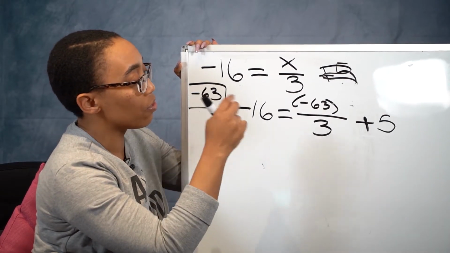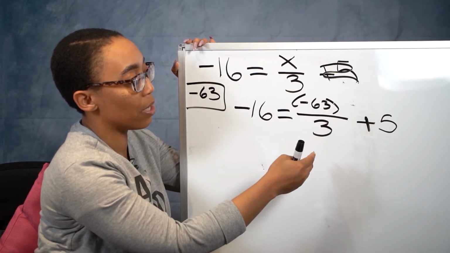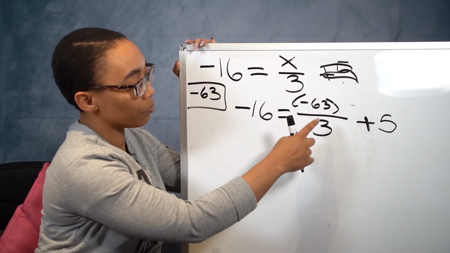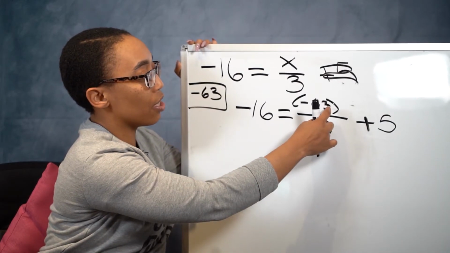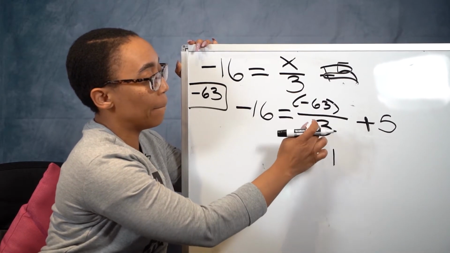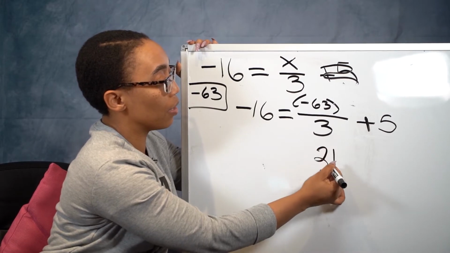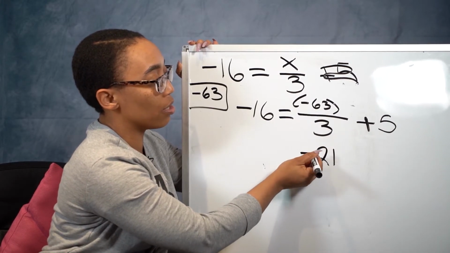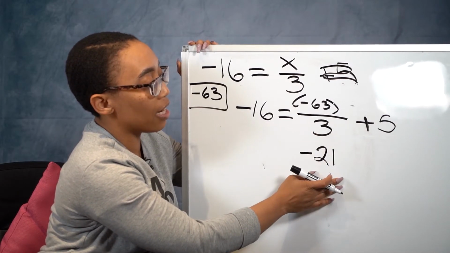All right, so what we're going to do is solve this division problem first. So this may look a little bit intimidating, but it's not, because you can go 3 divided by 3 is 1, right? 6 divided by 3 is 2. And then you just have to remember to put the negative on it. So negative 63 divided by 3 is negative 21.